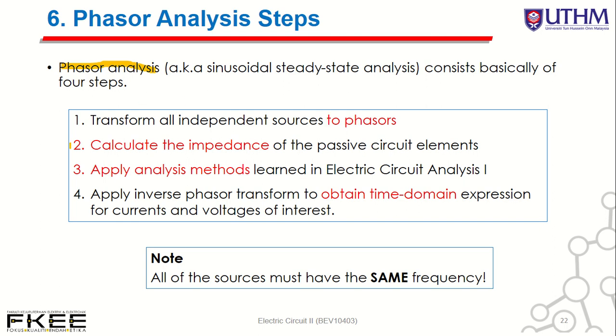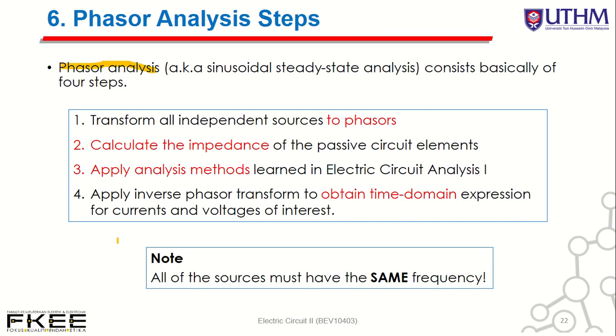Number 2, calculate the impedance of the passive elements. You need to calculate the Z of each element. Number 3, apply the analysis methods that you already learned in Electric Circuit Analysis 1: Kirchhoff's voltage law, Kirchhoff's current law, and Ohm's law, applied to the AC circuit analysis.